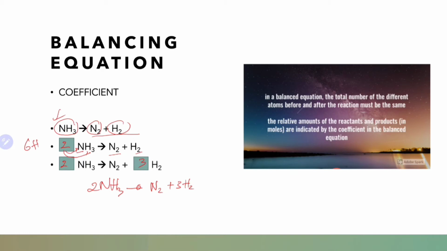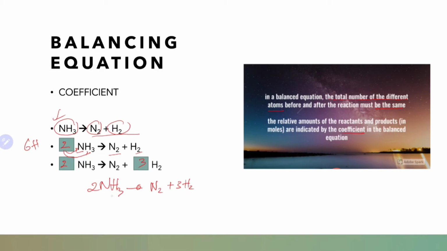So in a balanced equation, the total number of different atoms before and after reaction will be the same. The relative amounts of the reactants and products in moles are indicated by the coefficients in the balanced equation.